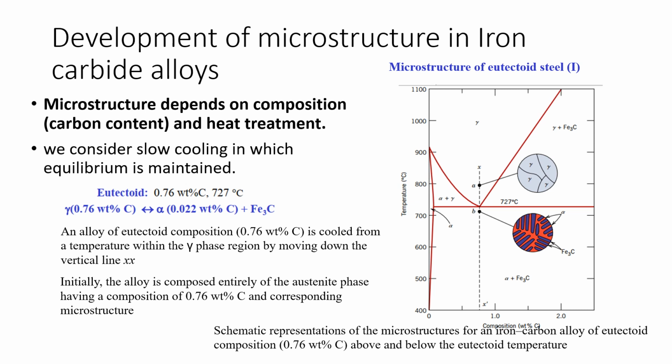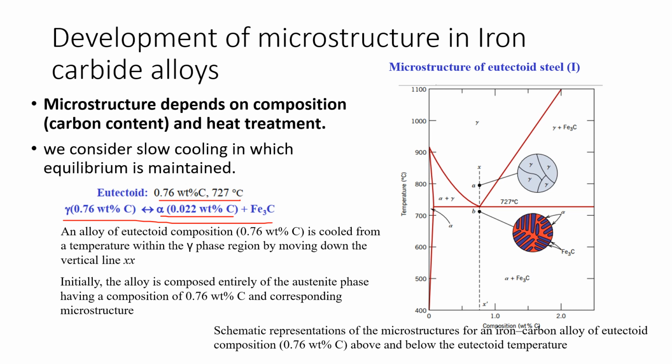In this discussion, we consider slow cooling in which equilibrium is maintained. The eutectoid reaction takes place at a carbon percentage of 0.76% and at a temperature of 727 degrees centigrade.